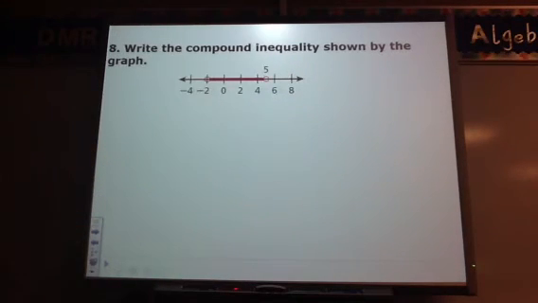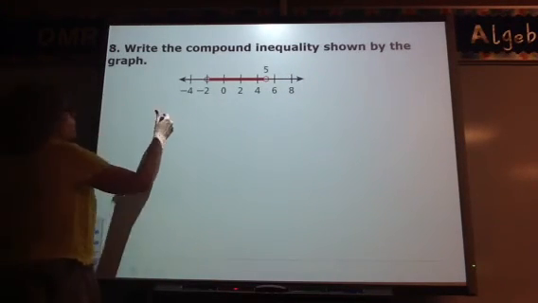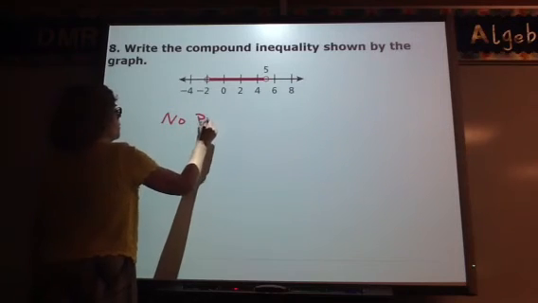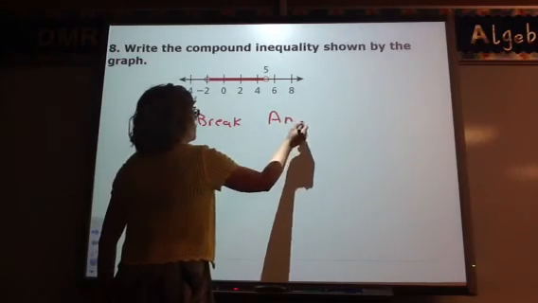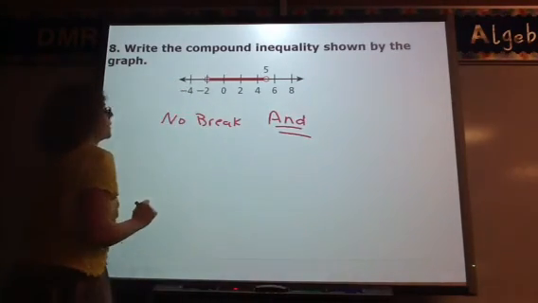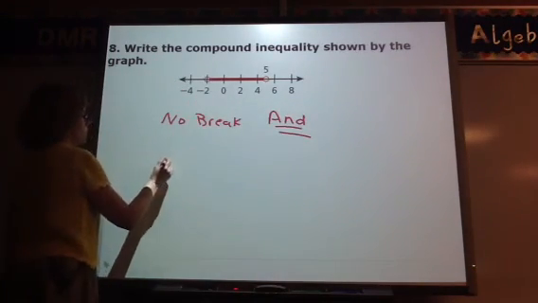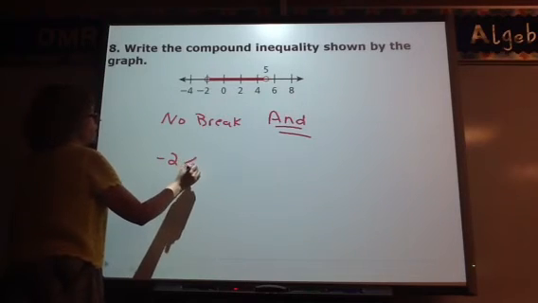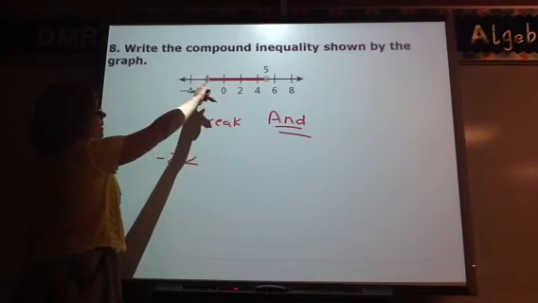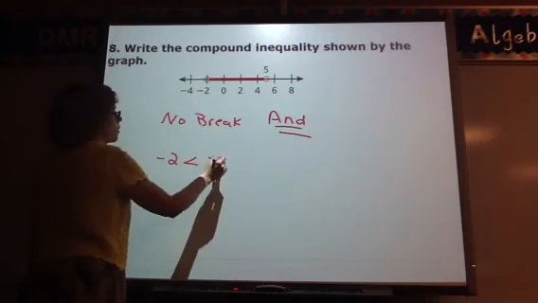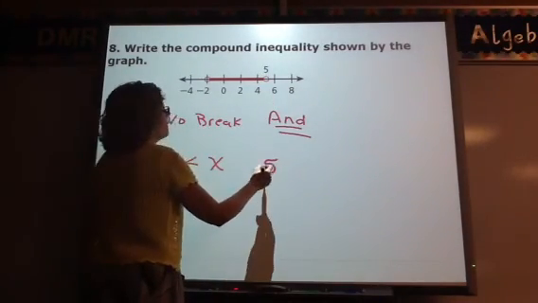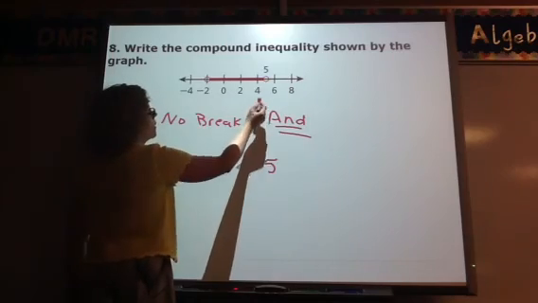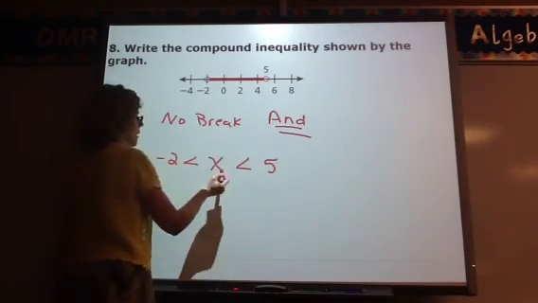Okay, we have no break. When there's no break in that inequality graph, we must use the word and. Okay, so let's start here with negative 2. Negative 2 is less than, we're not including it because it's an open circle. Put your variable. Right here it's telling you that's 5. 5 is greater than, not including 5 because it's an open circle, x.